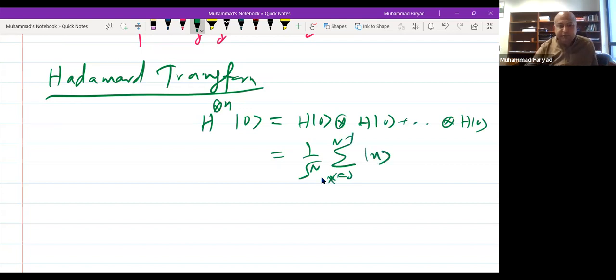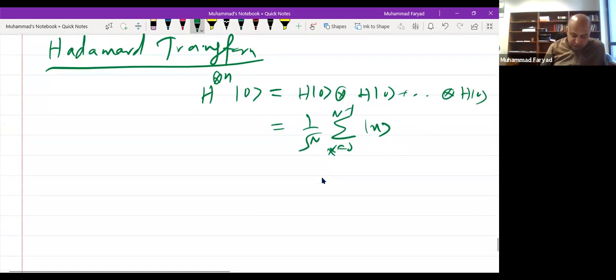But now let's say we want to find out what the Hadamard transform of a general state y looks like, where y could be 0, 1, 0 or 0, 0, 1, etc. So y is now a general n-bit state.